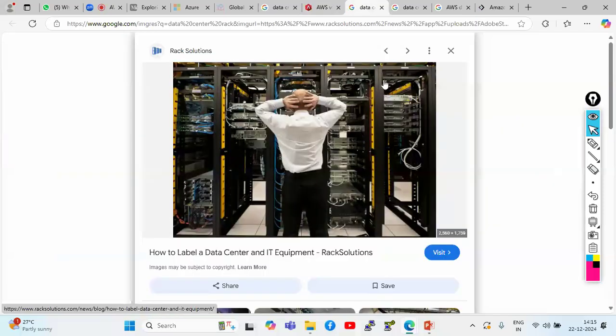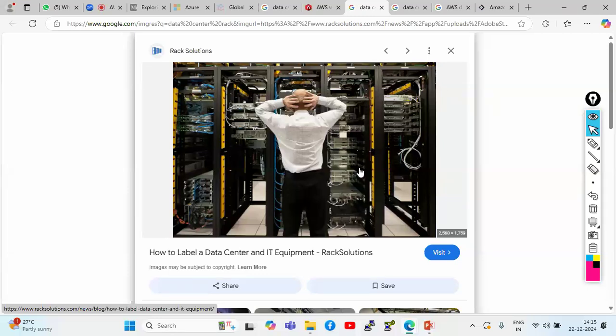So this is kind of a server. A server will be like an almirah, wherein you can push your server or network device inside and it will get installed in these racks. So all your servers and network devices will be inside these racks.